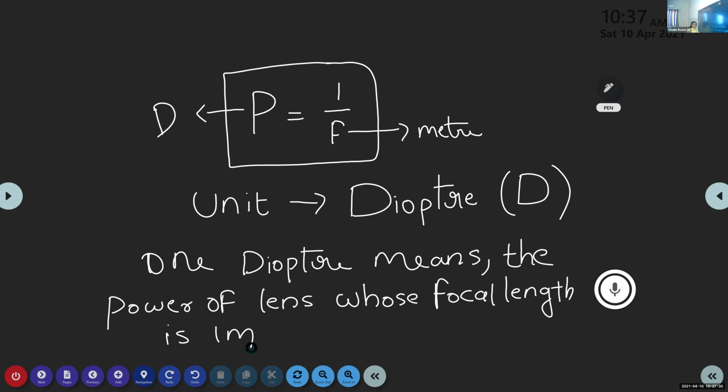So if a lens has a focal length of 1 meter, then we get the power of the lens as 1 diopter. So 1 diopter means the power of lens whose focal length is 1 meter. Okay. Now you need to note some points here.